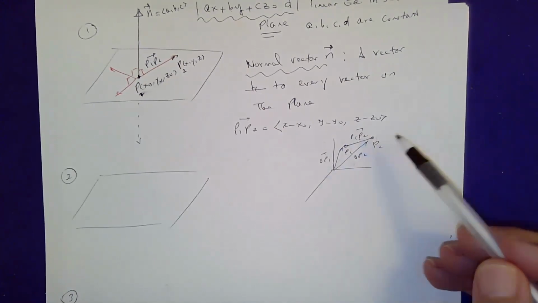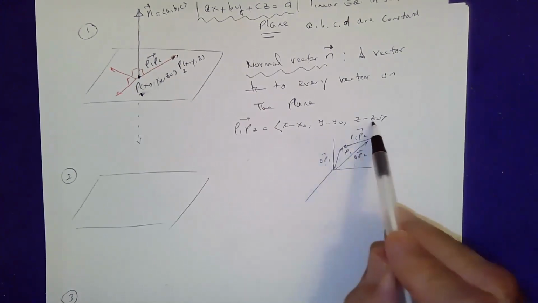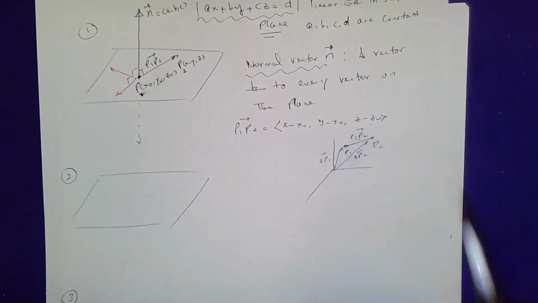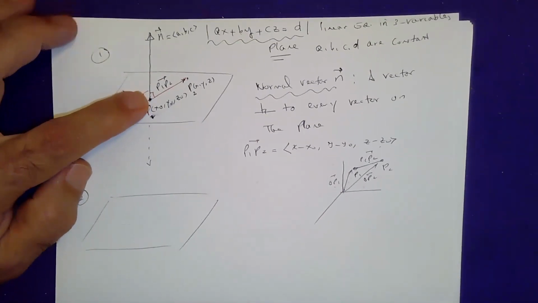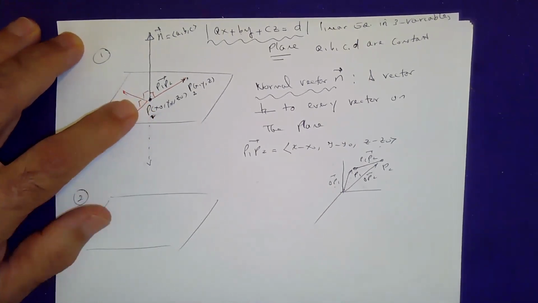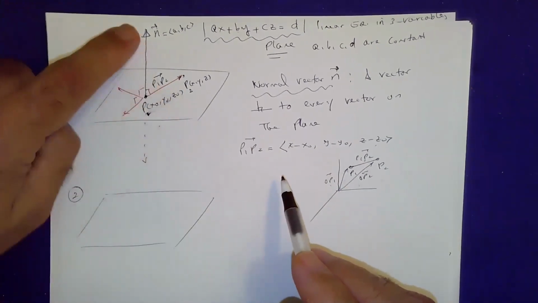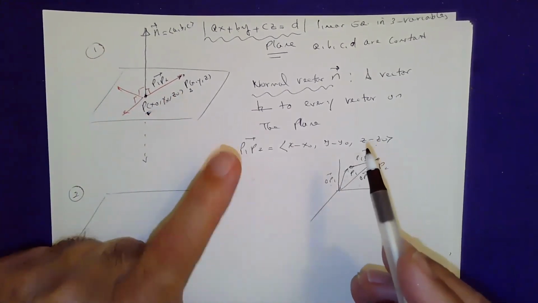Therefore, P1P2 is equal to OP2 minus OP1, and that's why we're subtracting. But remember, the normal vector is perpendicular to every vector you draw on the plane. Therefore, the dot product of this normal vector and this vector should be 0.